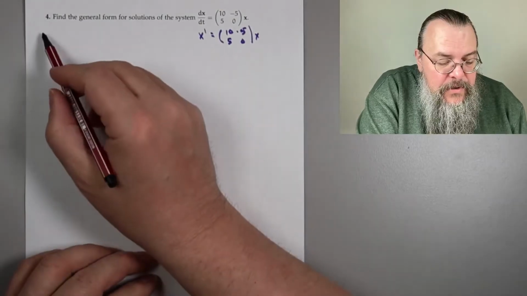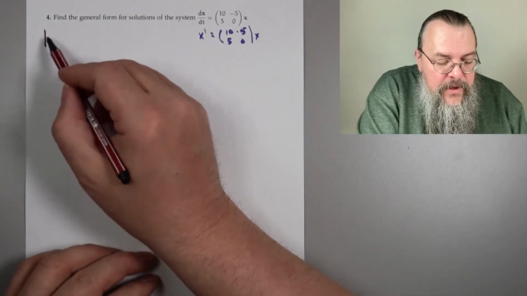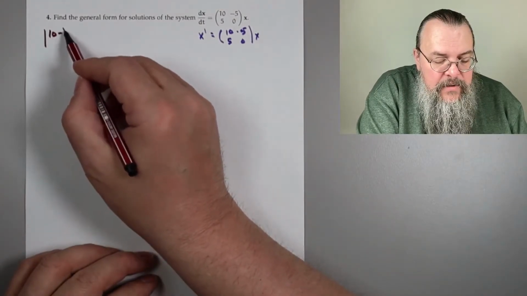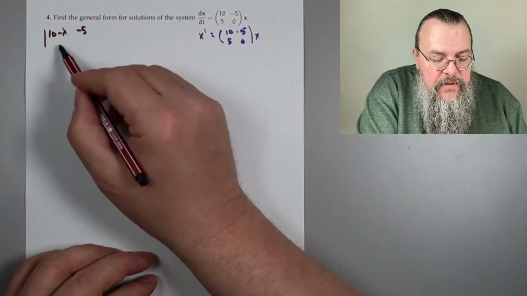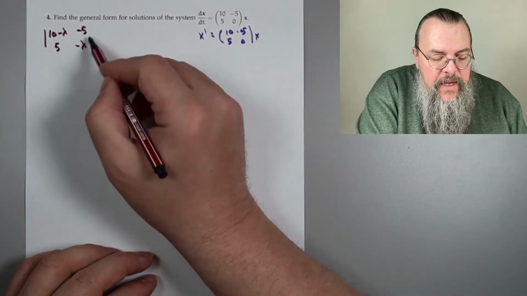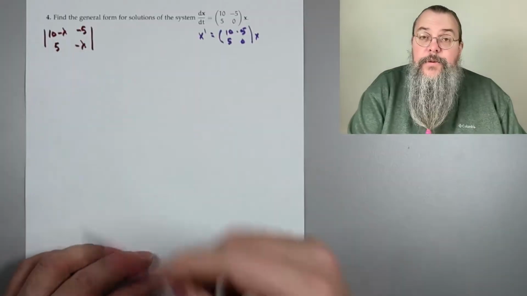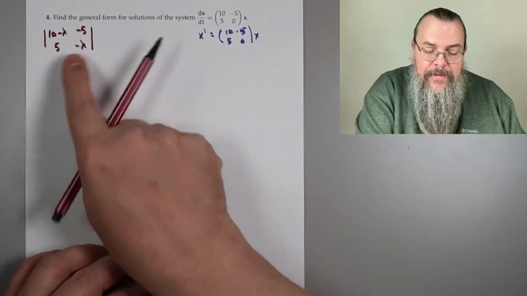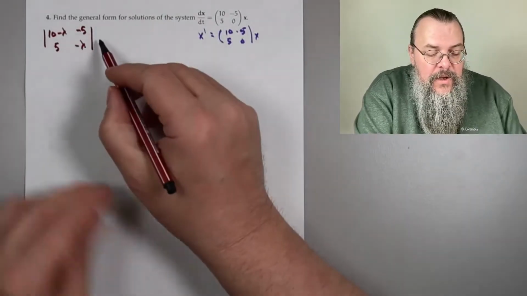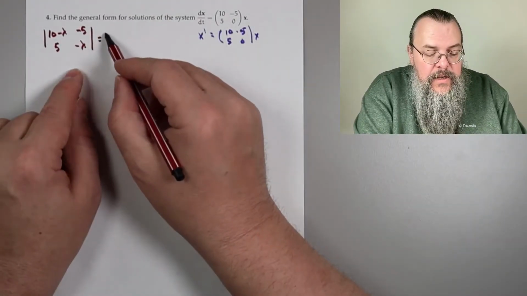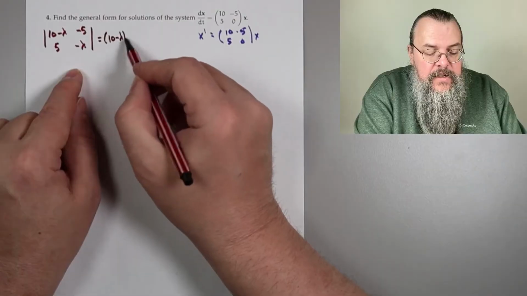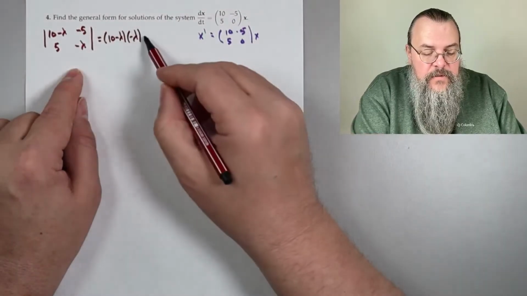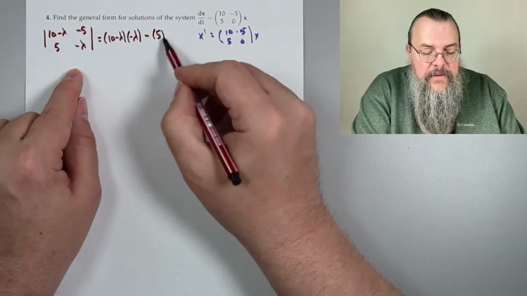Okay, so here we go. We're finding our eigenvalues. So we're going to take 10 minus lambda, minus 5, 5, minus lambda. So, right, this is our A minus lambda I. So we're subtracting lambda off the diagonal terms. All right, so this will become 10 minus lambda times minus lambda, subtract 5 times negative 5.